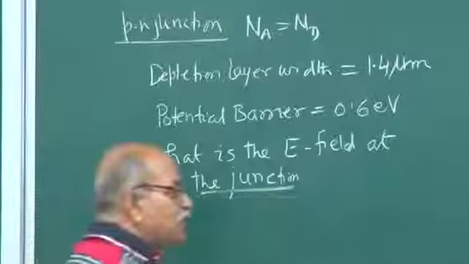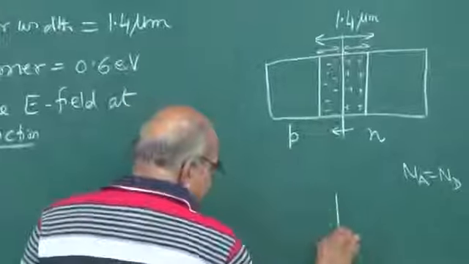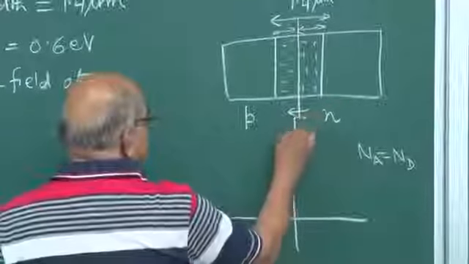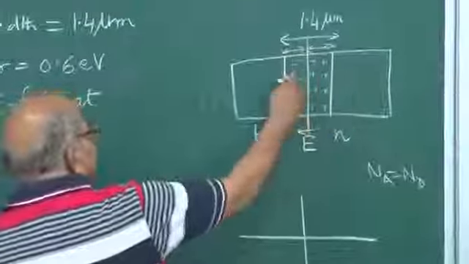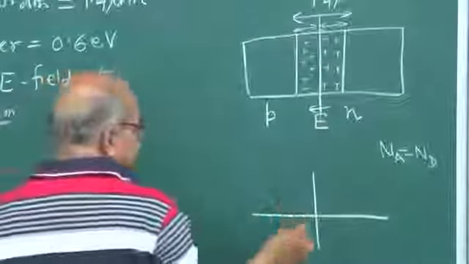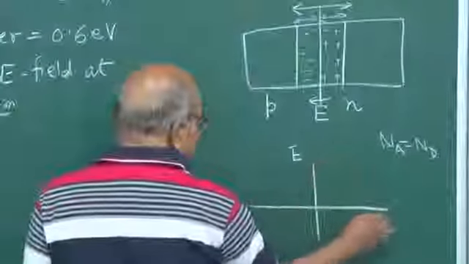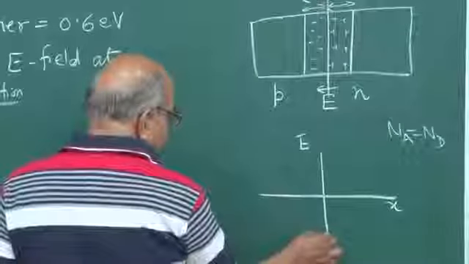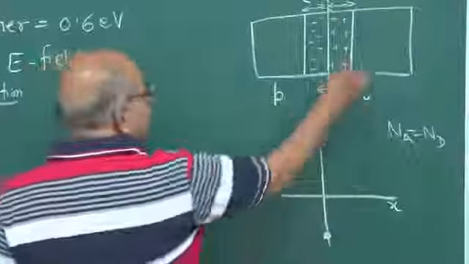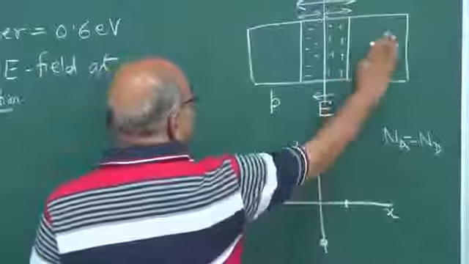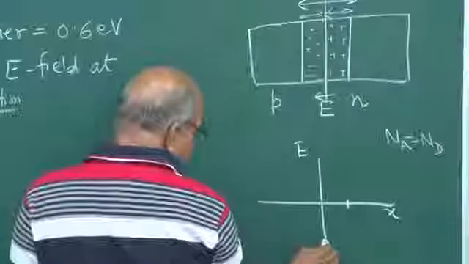If you remember, this electric field will be in this direction, positive side to negative side, and therefore it will be negative in the usual diagram. If E is here and x is here, then you have the electric field somewhere here, and when the depletion layer ends, the electric field becomes 0. The electric field is 0 here, and it is linear.